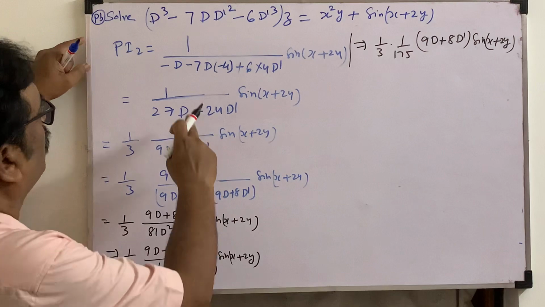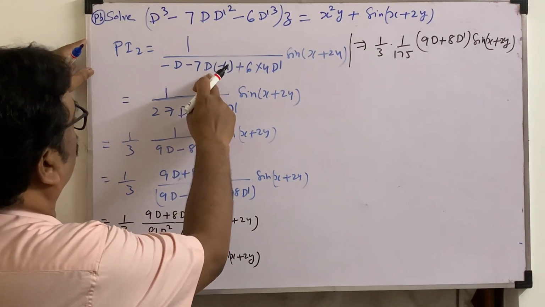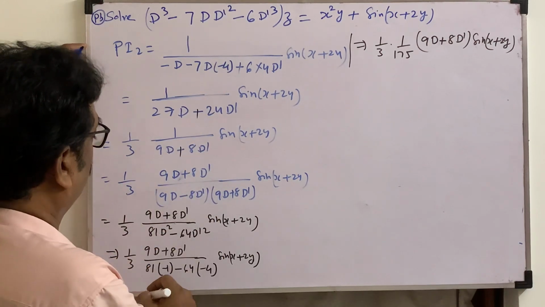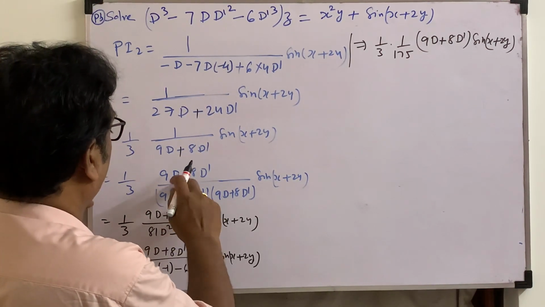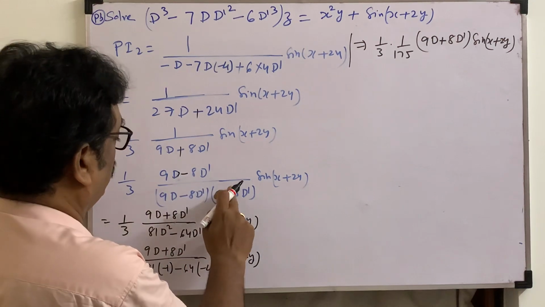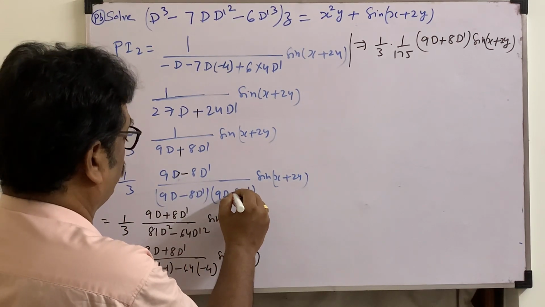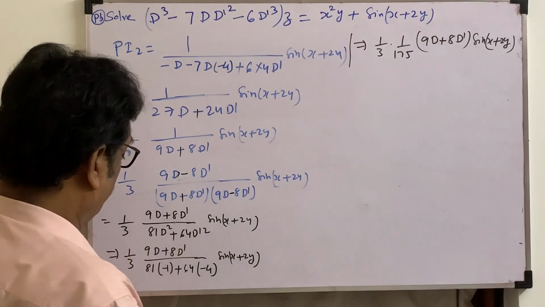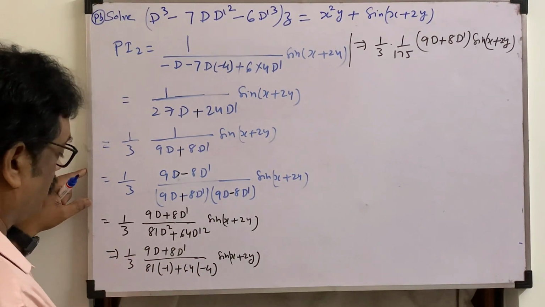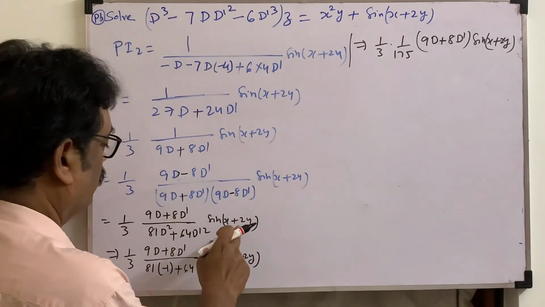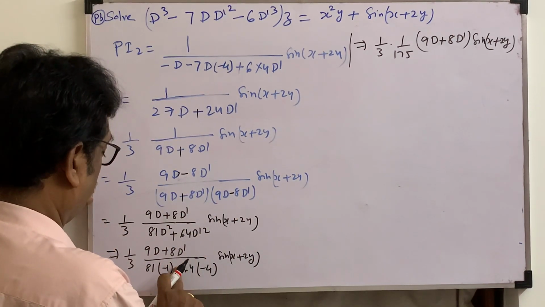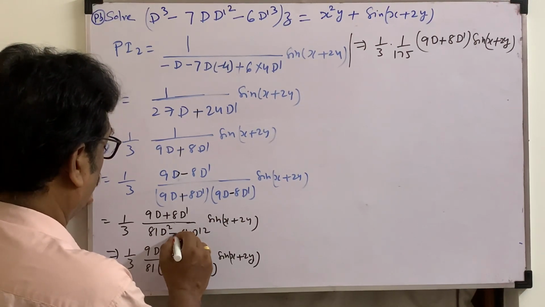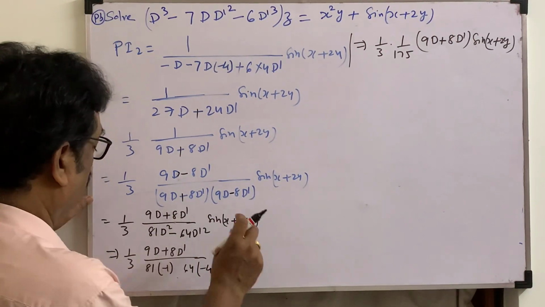Just wait. When you multiply the conjugate, a plus b, a minus b, it will come minus finally.